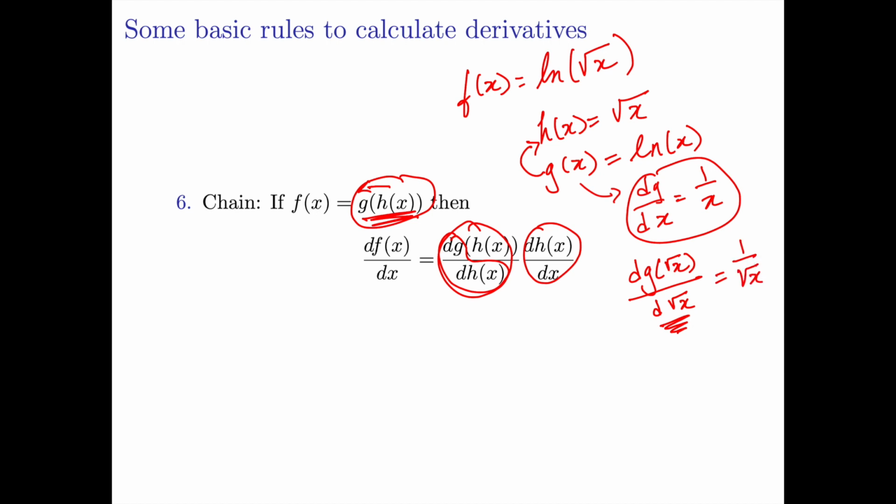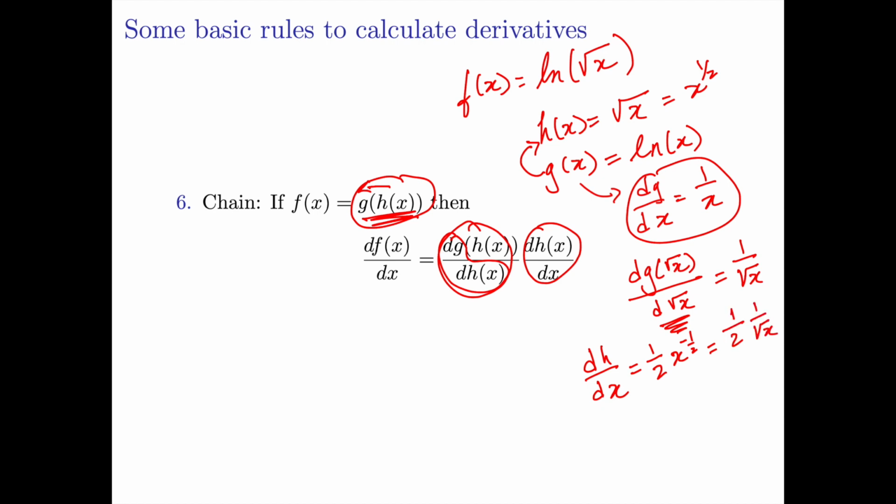h of x in this case is x to the 1/2. That's what the square root is. So dh dx is using the exponent rule. a is 1 because we're not multiplying x to the b by anything. b is 1/2. So we put 1/2 x to the minus 1/2. Remember, x to the minus 1/2 is 1 over x to the 1/2, or in other words, 1 over square root of x.